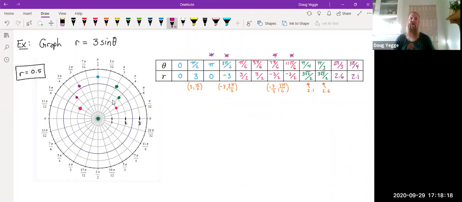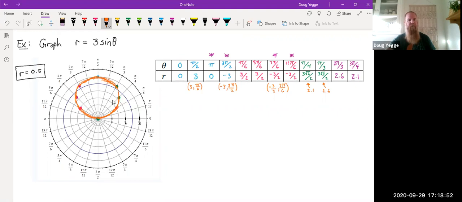So hopefully we can start to see what this shape might be turning into here, because I need to start at the pole and start connecting the dots as I move to increasing angles, to pi over 6, to pi over 4, to pi over 3, to pi over 2, to 2 pi over 3, to 3 pi over 4, to 5 pi over 6, and back again to the angle of pi.